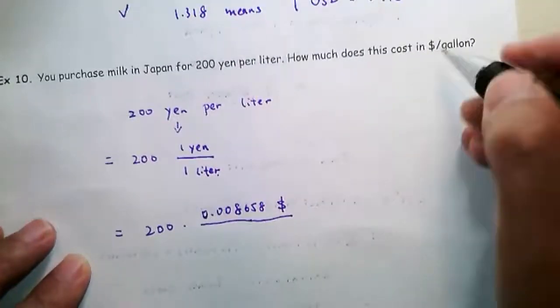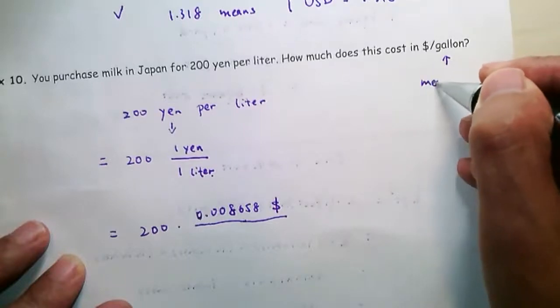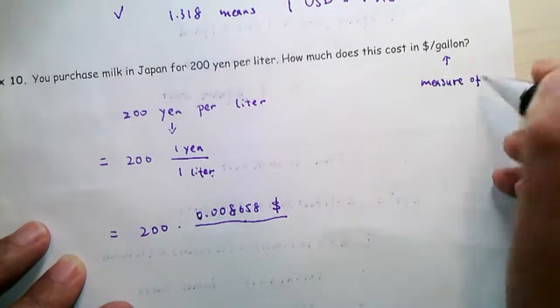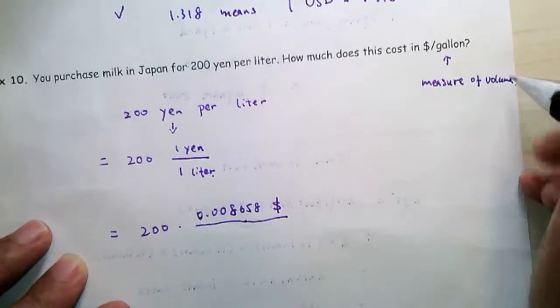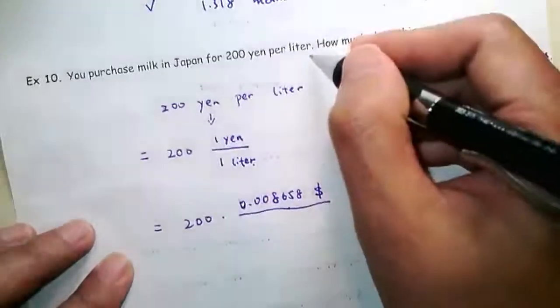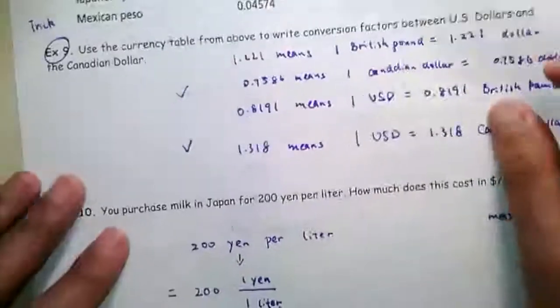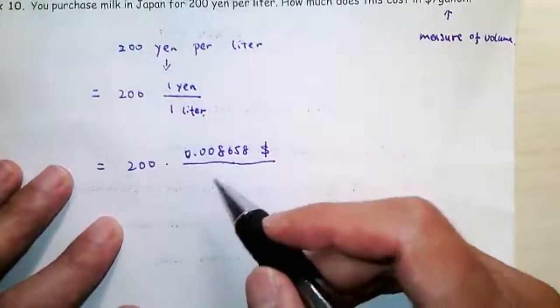They are all measures of volume. So we do not have it on this table, so we should look at Google to find it.